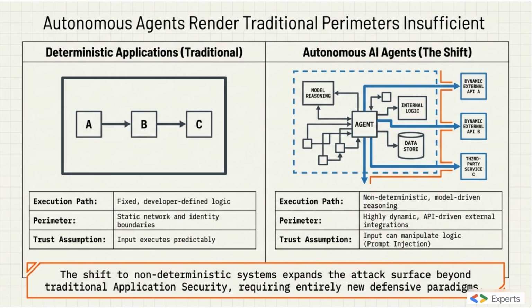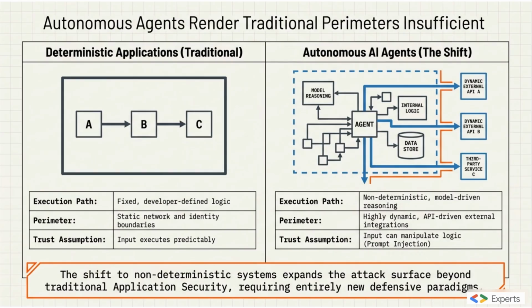Instead of following fixed instructions, they reason using large language models. They dynamically decide which APIs to call, which tools to invoke, what information to retrieve, and sometimes even create new execution plans. That means the attack surface becomes much larger.